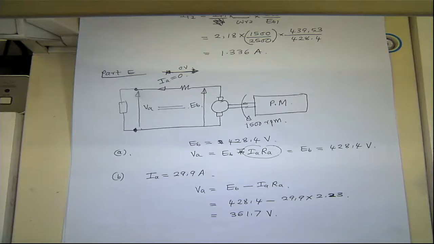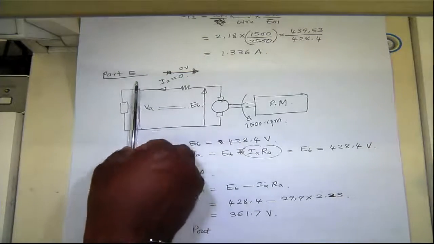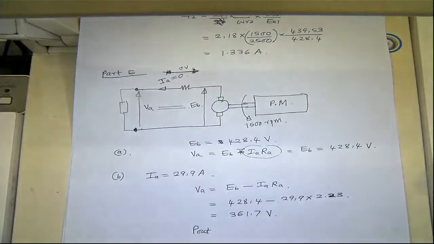So although this is delivering the rated current, the power output will be less. So the output power P out, mind that for a generator, P out represents the power coming out of this armature terminal. It's a source now. If you look at it as a system, the power output is the electrical power output.